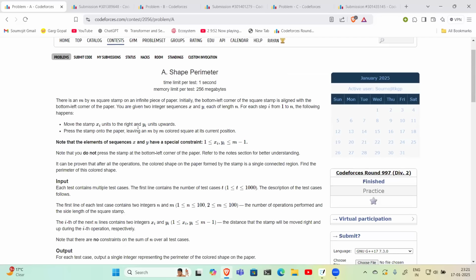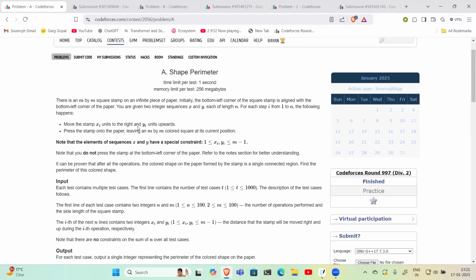Okay, so this was problem A of the contest. It says Shape Perimeter. There is an m by m square stamp on an infinite piece of paper. Initially, the bottom left corner of the square stamp is aligned with the bottom left corner of the paper. You are given two integer sequences x and y, each of length n.